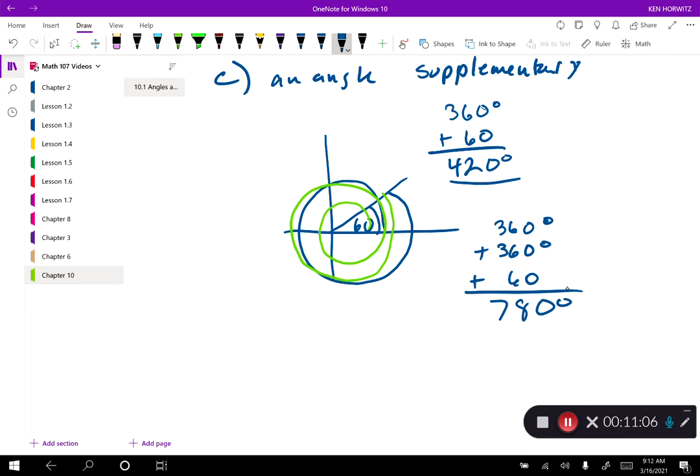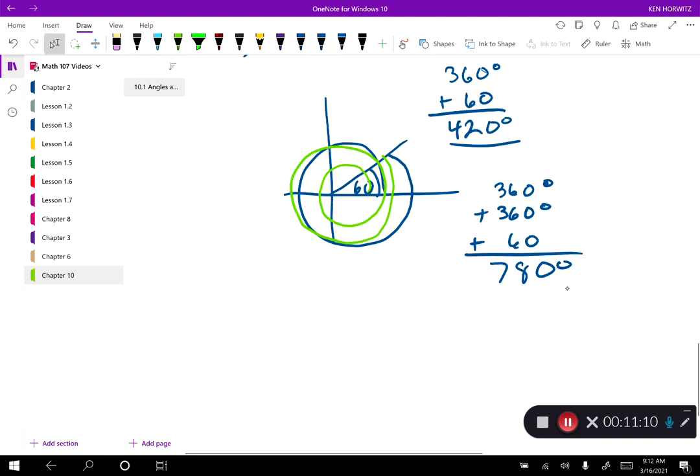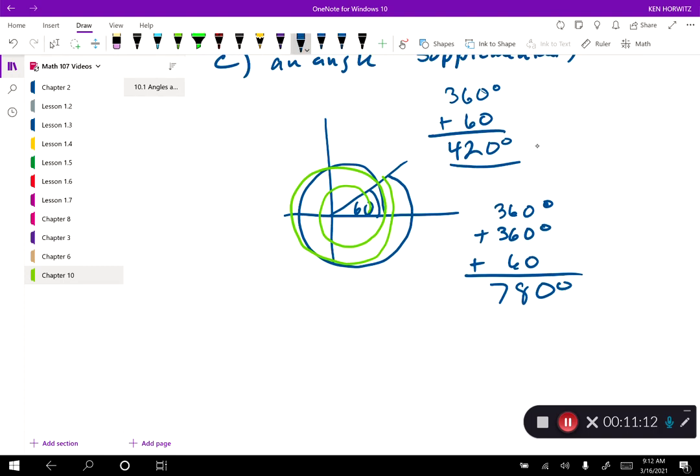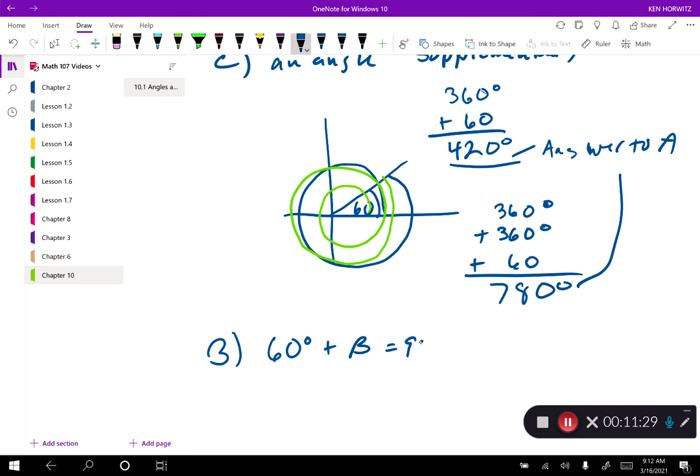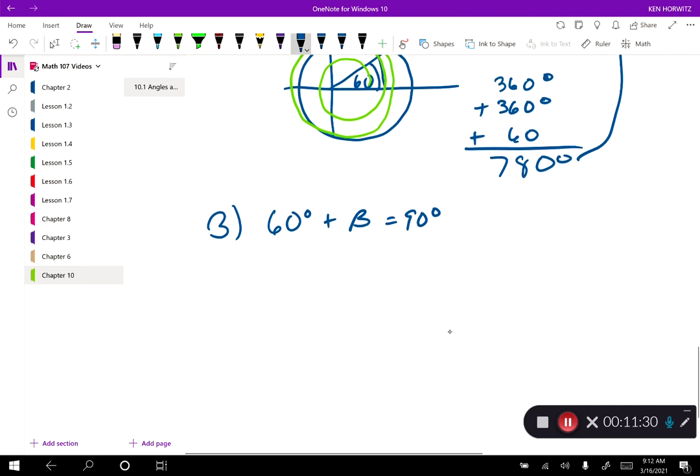Now for an angle complementary, all right, so this is A. So for B, we need an angle complementary. So that means 60 degrees plus beta equals 90 degrees. So pretty easy. Beta equals 30 degrees.